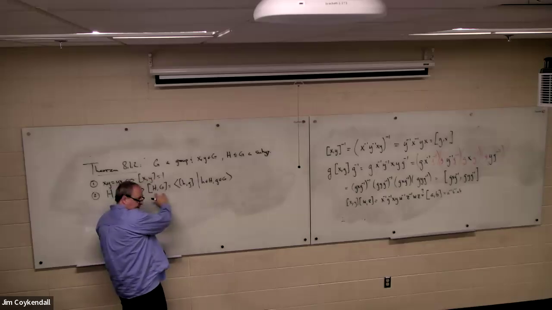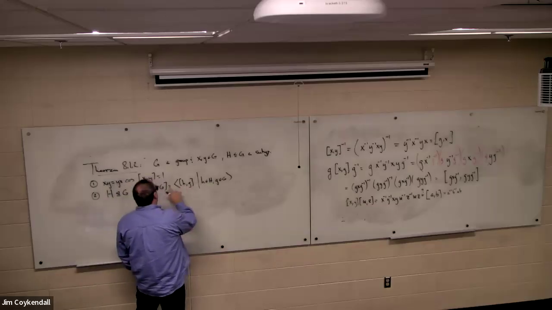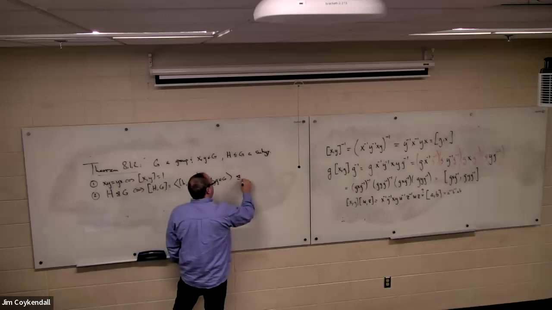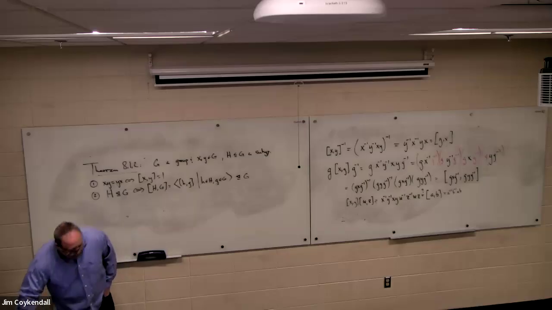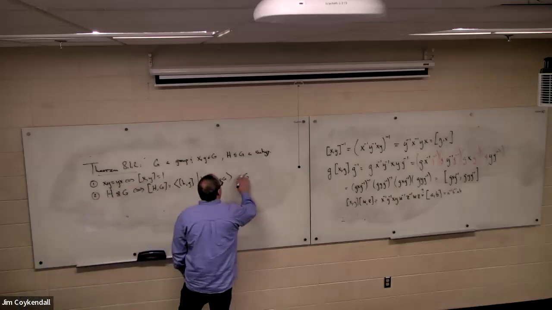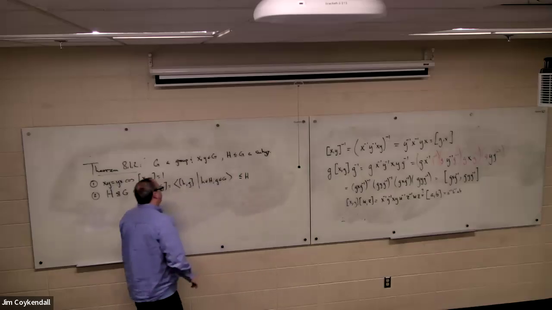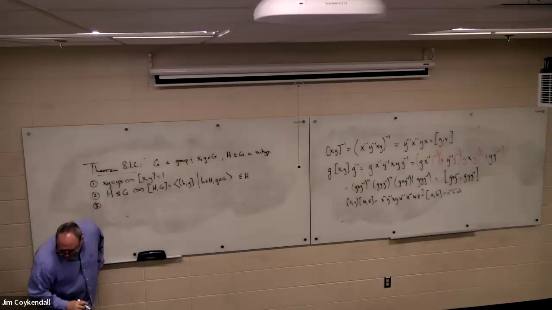So when I see this set of commutators, this means that this is generated by commutators where the lead is in H and the other is in G. Oh, wait a minute. That's normal in G if and only if this is contained in H. Yes. You might see if you can show that. It's not too difficult actually, but it's a good exercise.